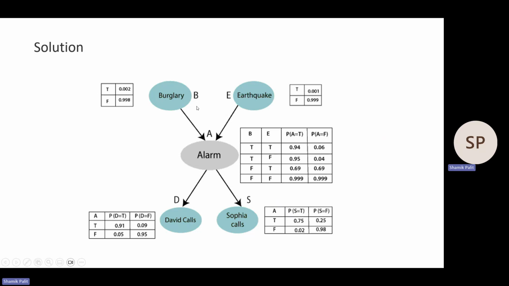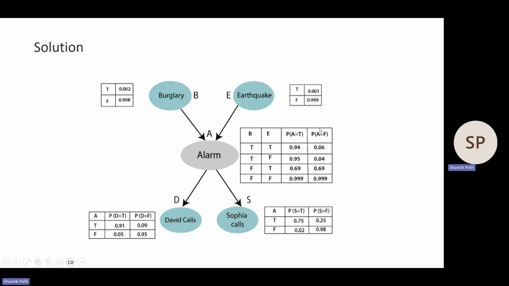And we have also considered the nodes like burglary, earthquake, and the calls made by David and Sophia. It's represented with the help of a directed acyclic graph. And finally, we compute the probability for both conditions, true and false, for burglary, and similarly for the corresponding earthquake.